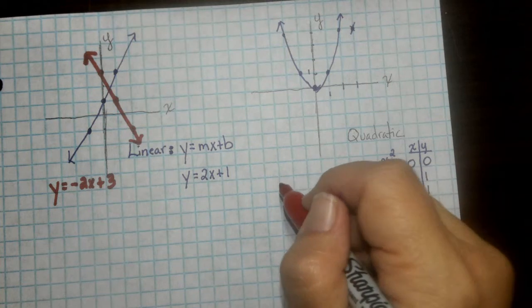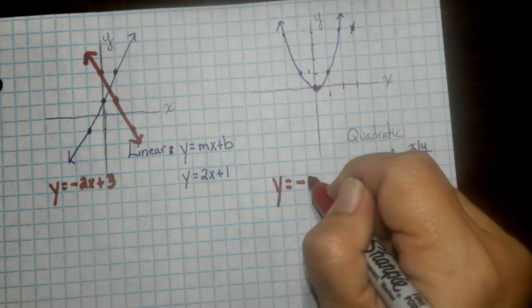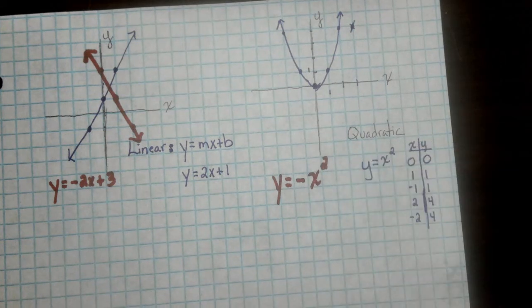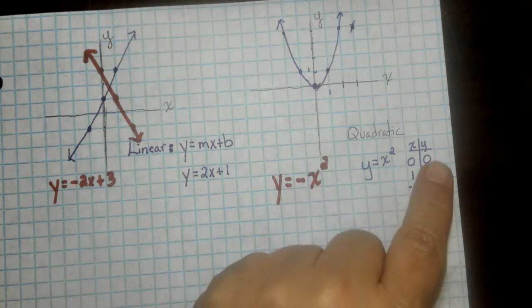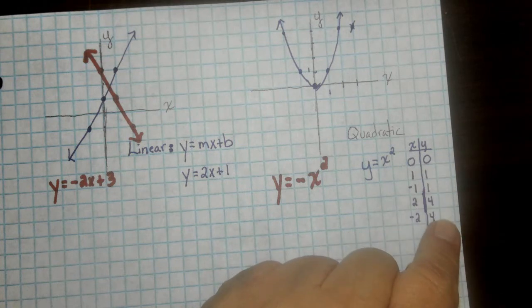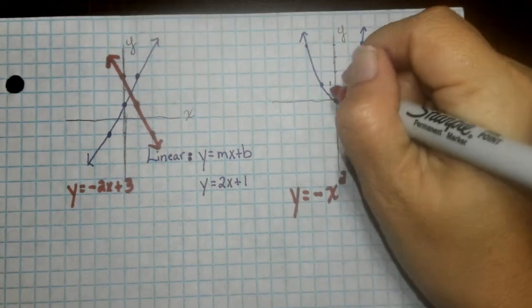But if I do y equals negative x squared, so write that one in a different color. That means all of these answers are going to be negative. So it's still going to go through 0, 0.